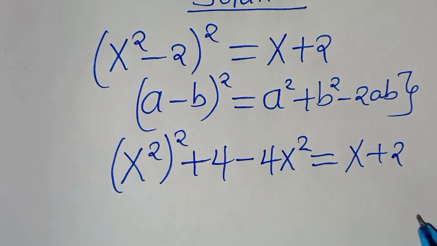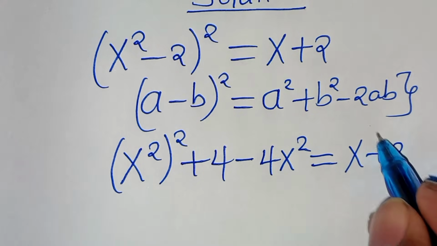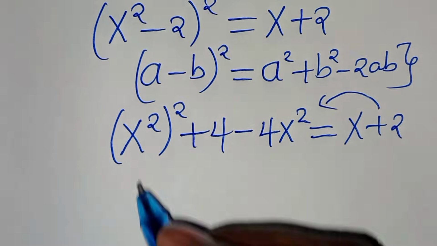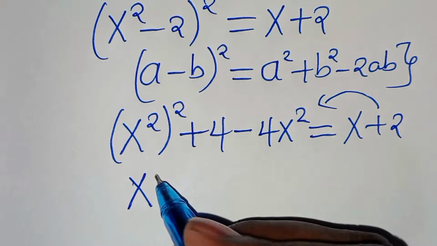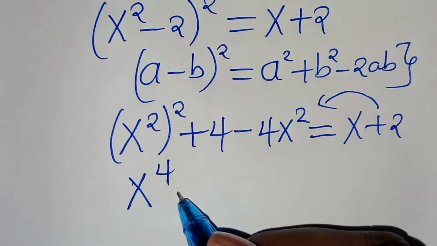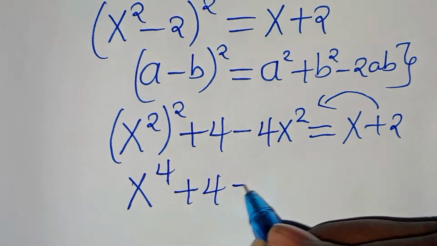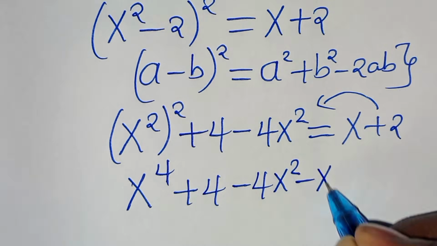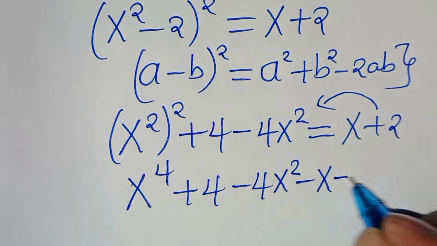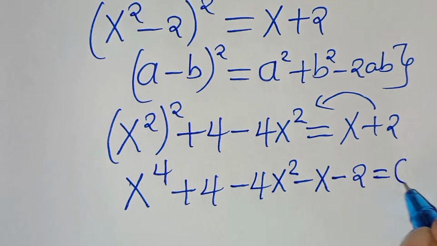Now, the next step is to take x + 2 to the left-hand side, so that now we have x⁴, since (x²)² is x⁴, then plus 4 minus 4x² minus x, then minus 2, equal to 0.